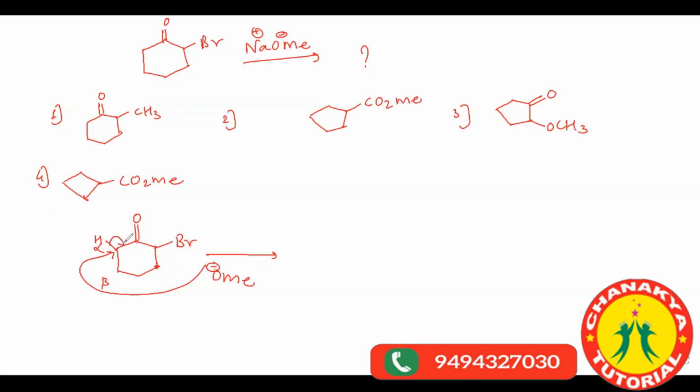The alpha hydrogen will form a double bond over here, and the electrons of this double bond would be shifted onto the oxygen. Clear? Understood? This OMe took this hydrogen. So you will get what here? Minus HOMe.